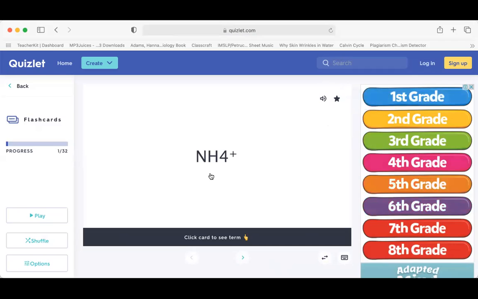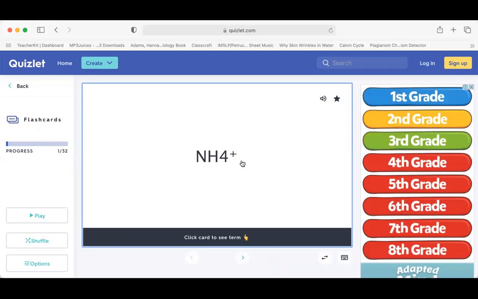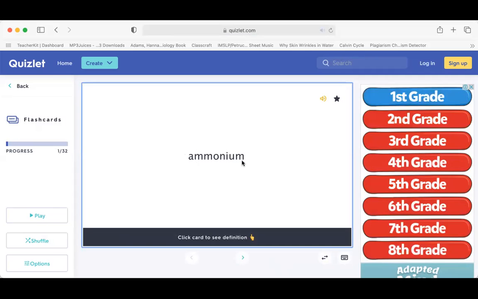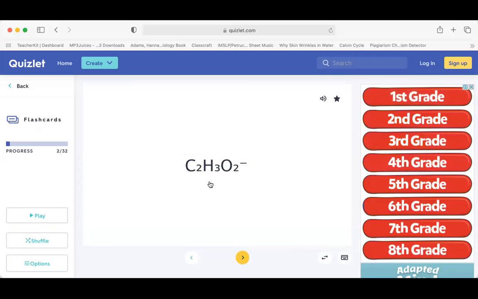That's okay. Anyway, NH4 again is the only positive one. That's called ammonium. Okay, I guess it's going to tell you how to pronounce it. Right, so here is one of the formulas for acetate, C2H3O2.